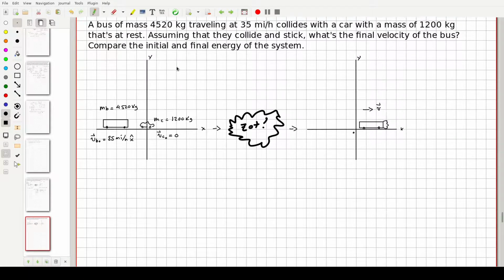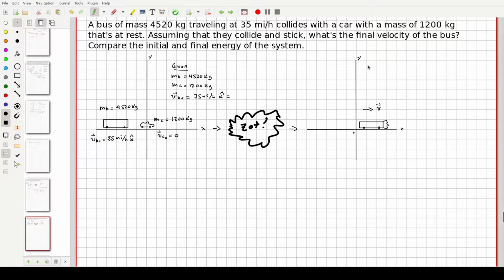So what do we have? What are we trying to find? What are we given? We're given the mass of the bus is 4,520 kilograms. The mass of the car is 1,200 kilograms. The velocity of the bus initially is 35 miles per hour.